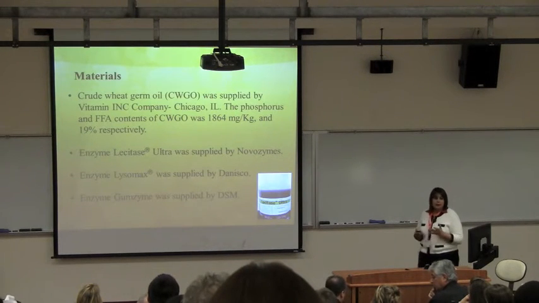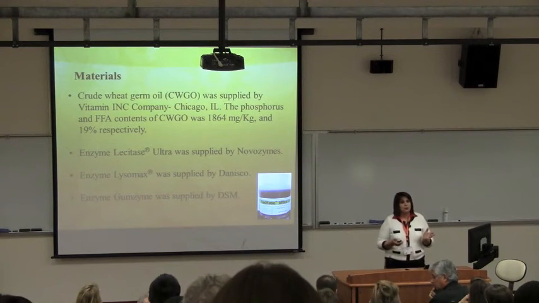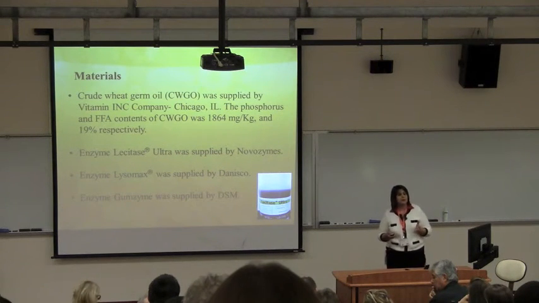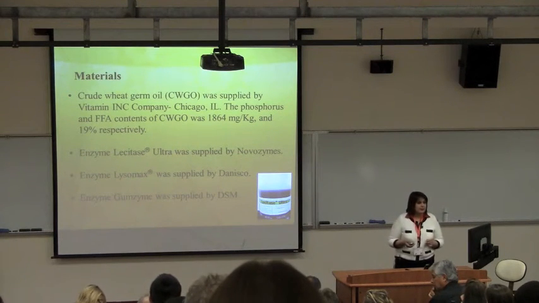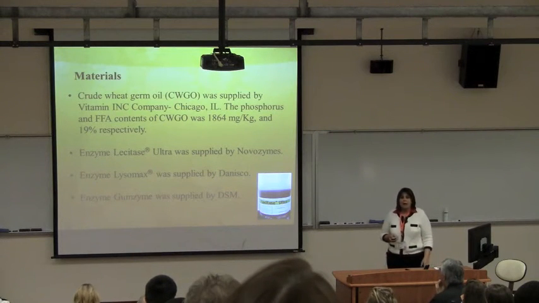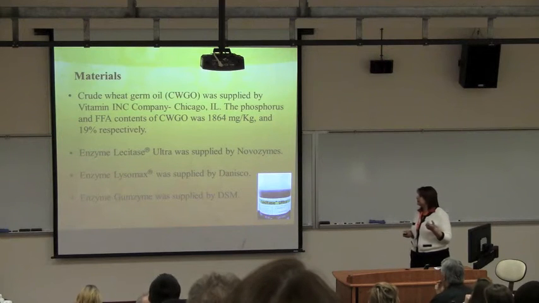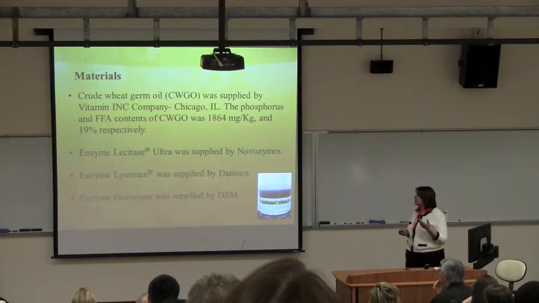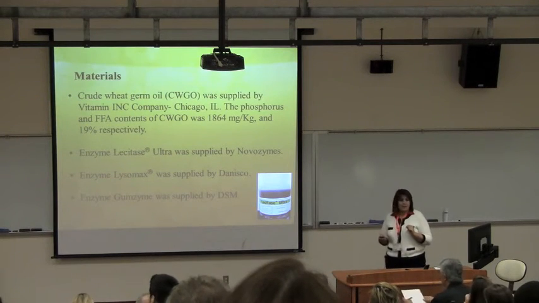For materials and methods, we got the crude wheat germ oil from a vitamin company. This crude oil has a high phospholipid content, about 1,864 parts per million, and free fatty acid of about 90%. I used three kinds of enzyme: Lecitase Ultra and Lysomax from Danisco, and Gumzyme from DSM.